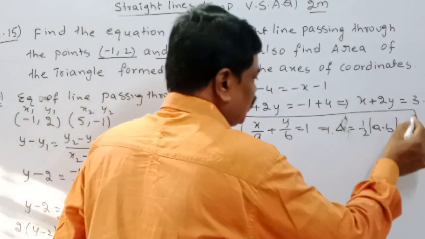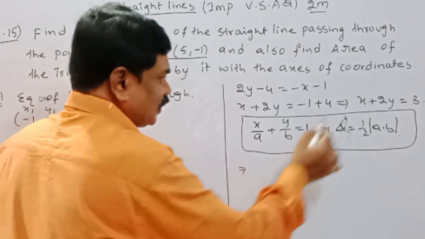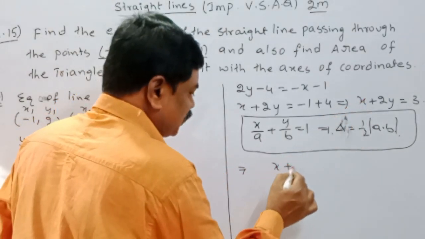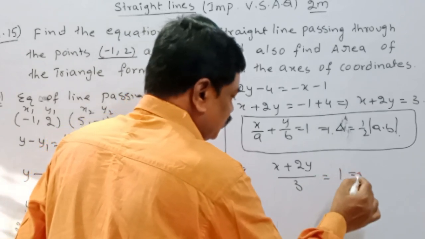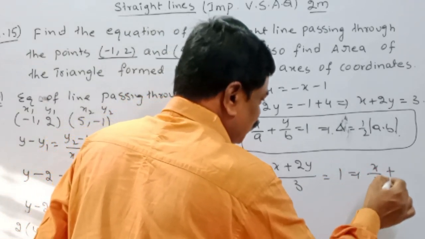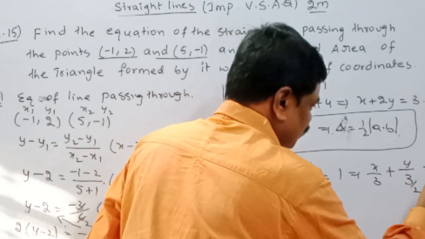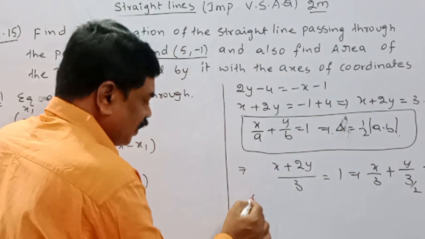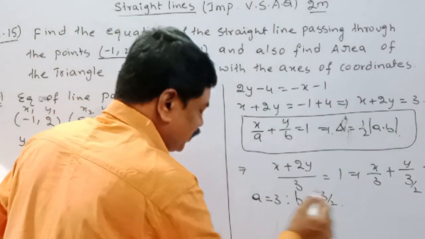By using this formula, you can convert this as x plus 2y by 3 is equal to 1, which implies x by 3 plus y by 3 by 2 is equal to 1. So a is equal to 3 and b is equal to 3 by 2.